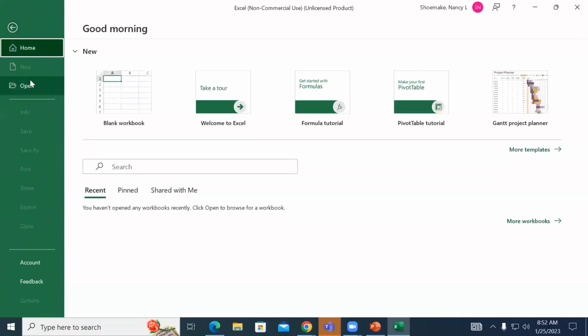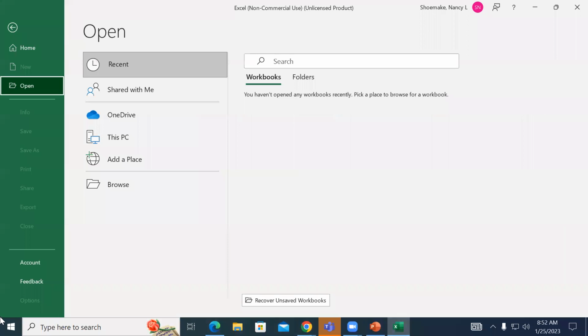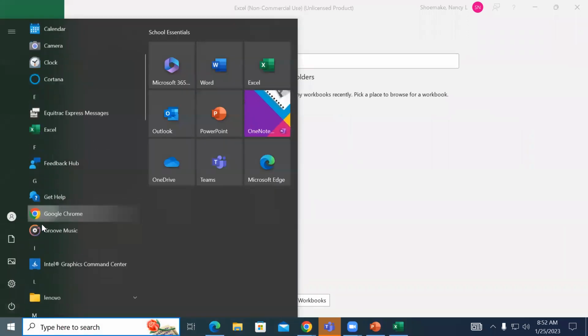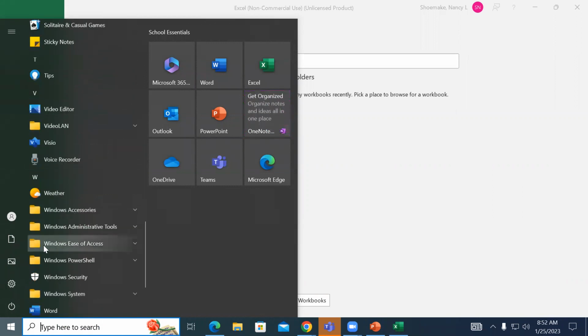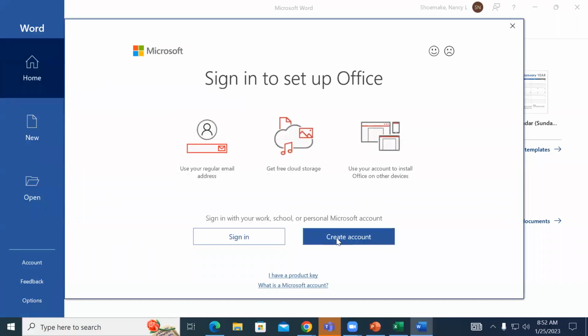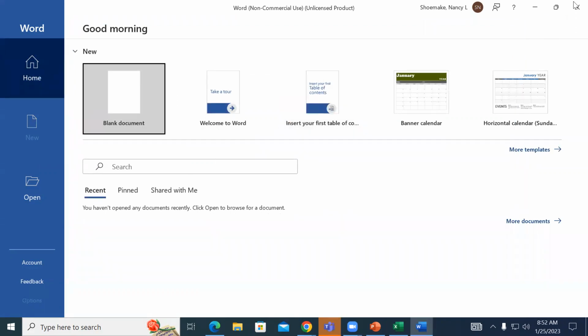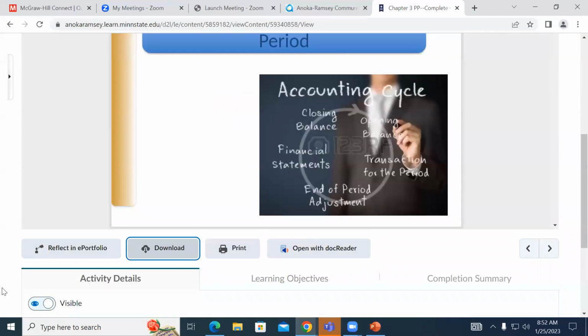File new. Blank worksheet. Okay, we're not going to do it that way. Let's do it this way. Oh, maybe they want me to sign in to do this. Excel, go back into it.